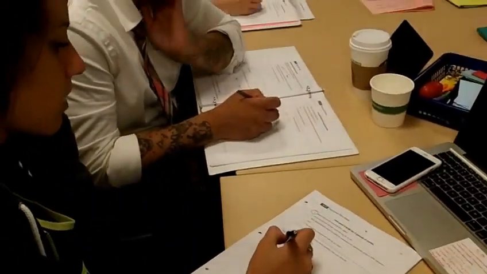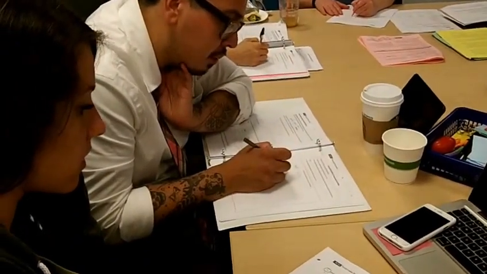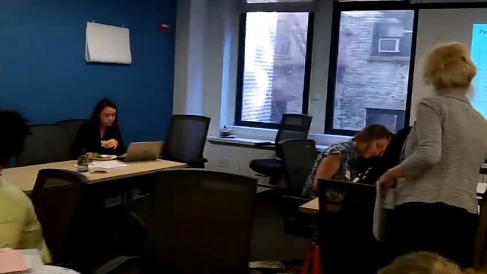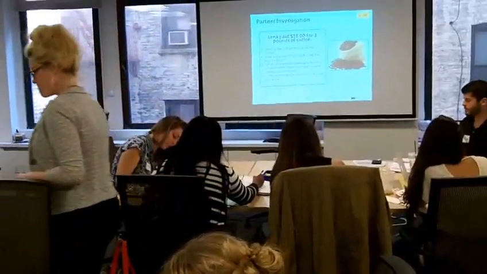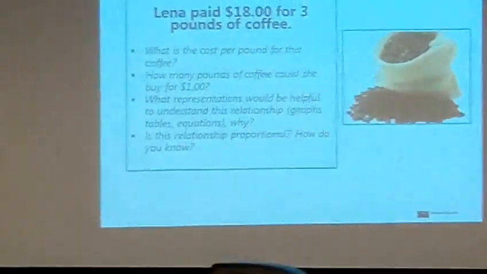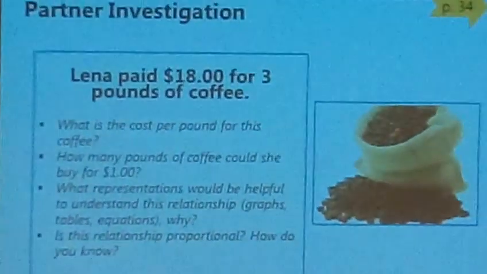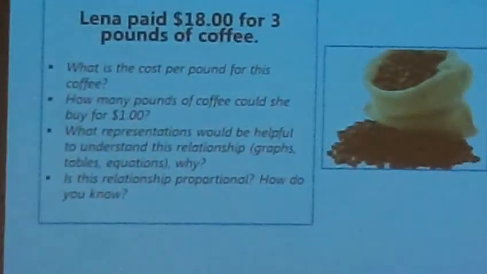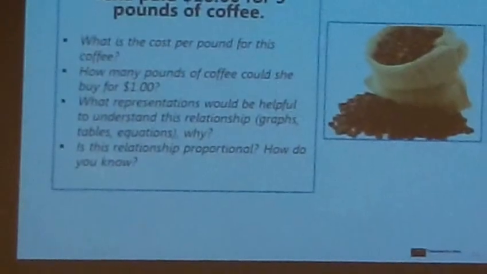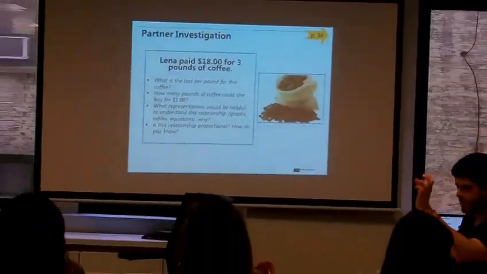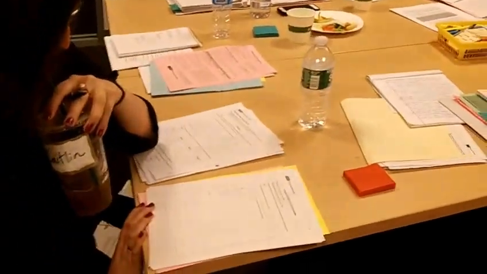If she's going to buy a cup of coffee for $1, so how many pounds of coffee? Is that when you do the proportional? Yeah, so now we're talking 1 pound over something. If she's paying $1, so 3 pounds is $18. She pays $18 for 3 pounds. So $6. Then you're just working on questions.